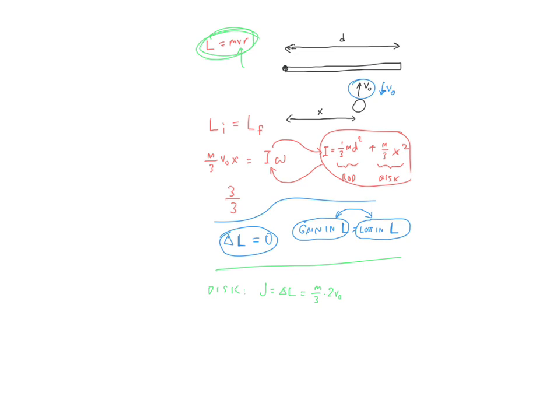It was 2 VO because if you take these two velocities, one positive, one negative, and subtract them, VO minus negative VO gives you a 2 VO. And then the R in that formula is just this X. So the final answer is, if I just clean this up a little bit, 2/3 m VO X.